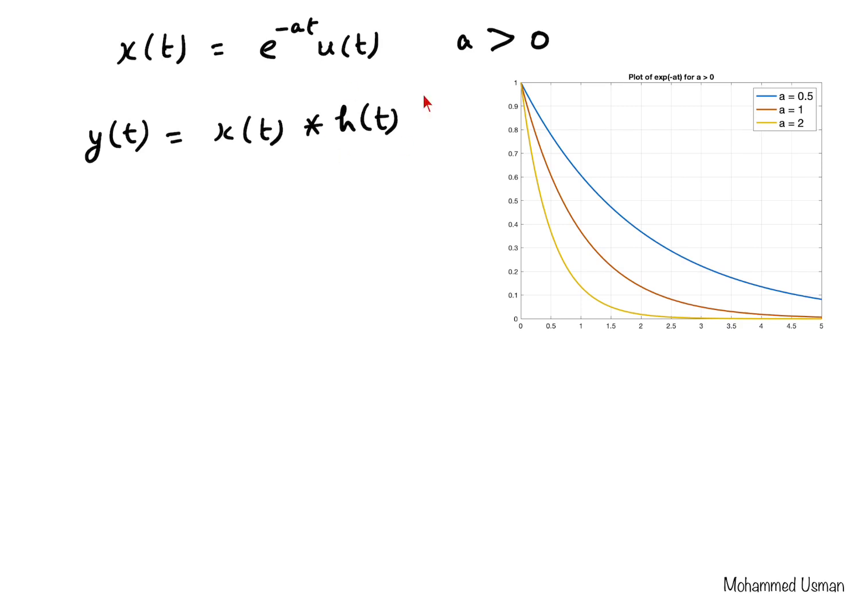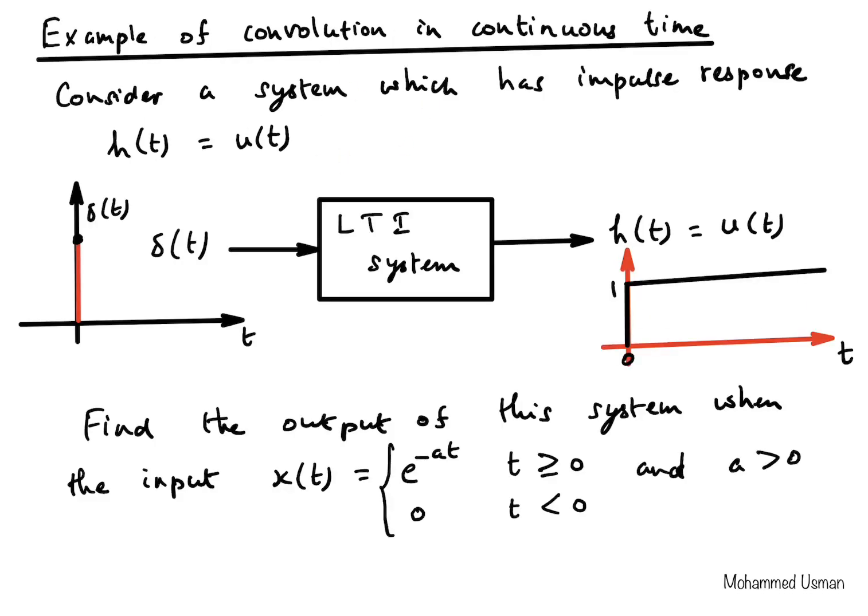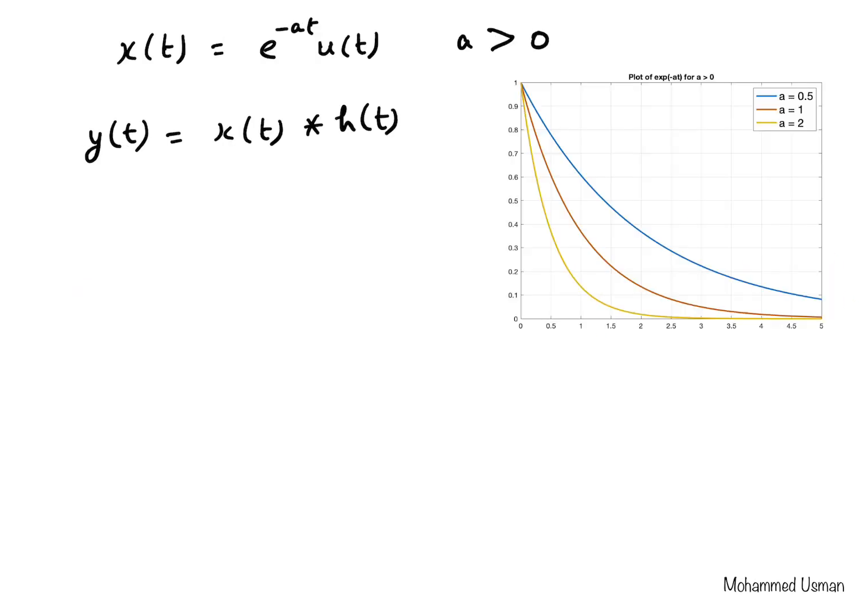And the h of t, which is the impulse response, is what we have depicted over here. Now we want to compute y of t, which is the convolution integral, given as the integral of x of tau into h of t minus tau d tau, for tau from minus infinity to infinity.